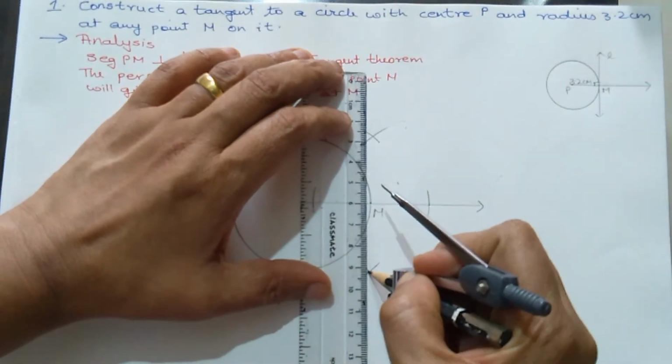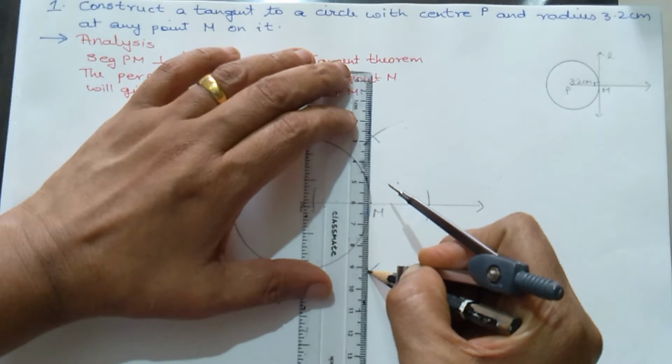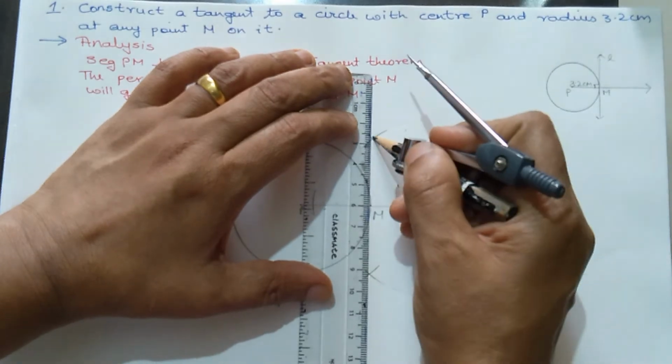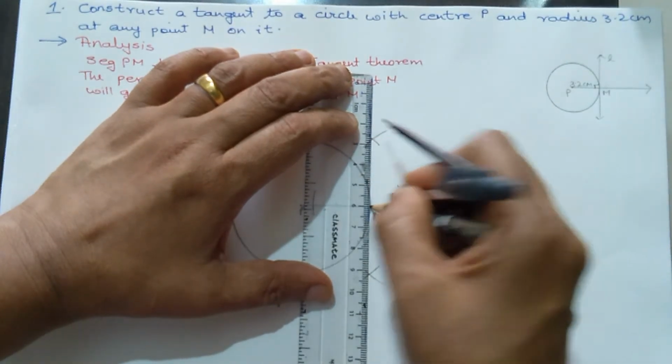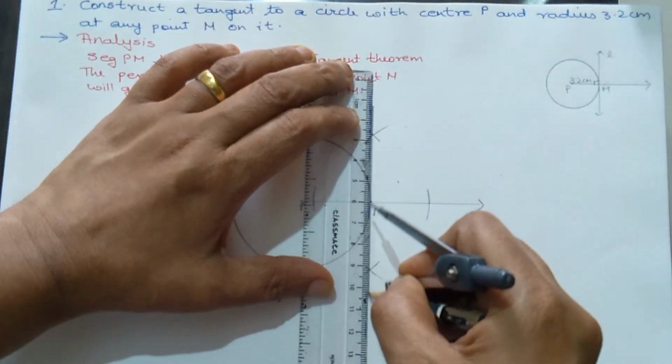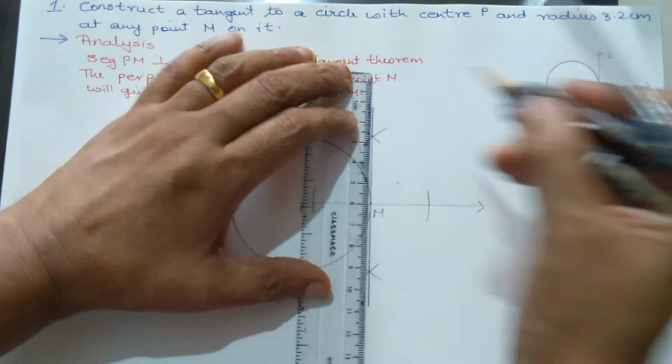Now draw a perpendicular joining the intersection of the two arcs, and it has to pass through point M. This is your line L which is perpendicular to ray PM.